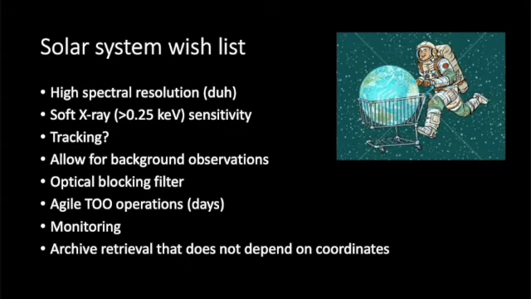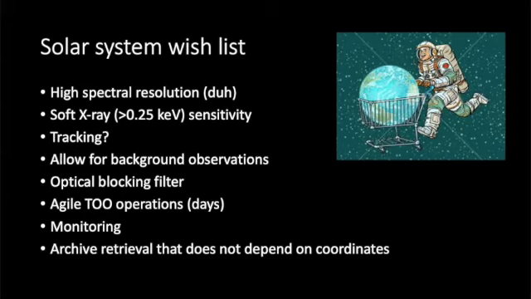Solar system objects are also moving on the sky, and most X-ray telescopes are not capable of tracking. Tracking at non-sidereal rates would greatly help with acquiring solar system objects. It allows for less overhead and more time on target.